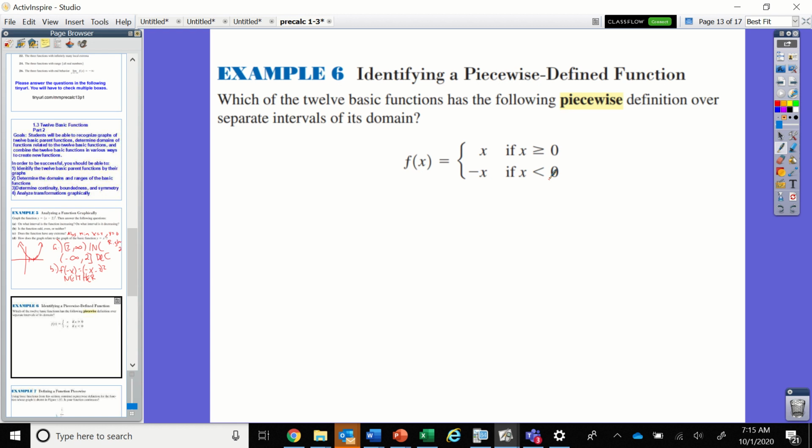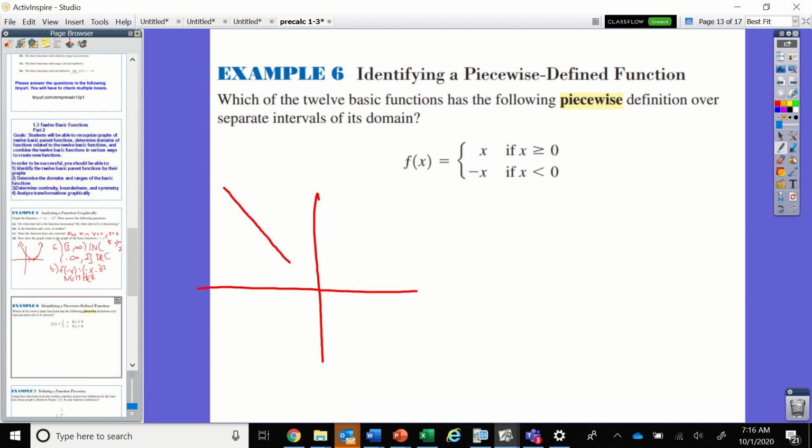So if you think about this piecewise function, it's broken up into two separate entities, but ultimately what we're saying is that there's one function in which this is true. Well, if you take a look here, what does this resemble?